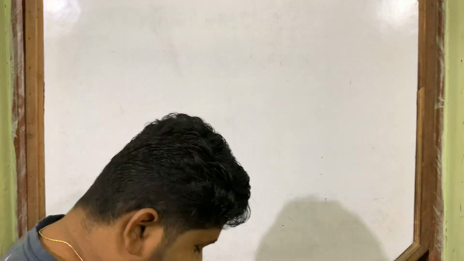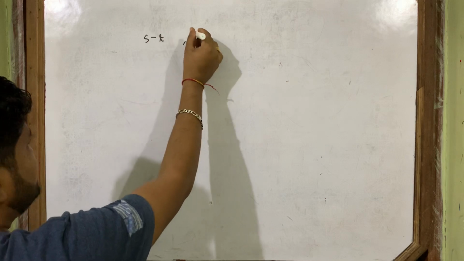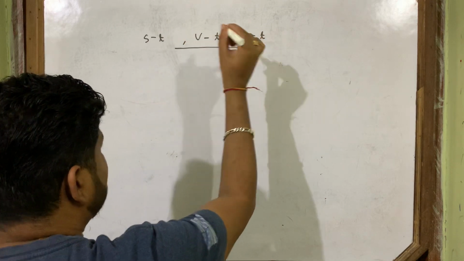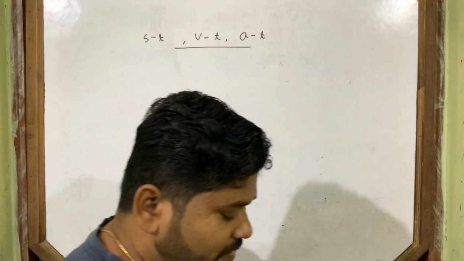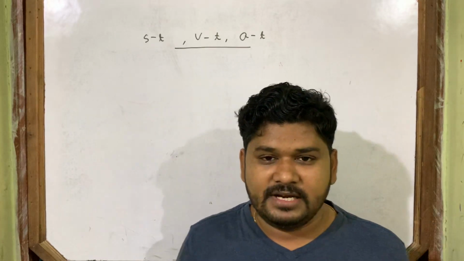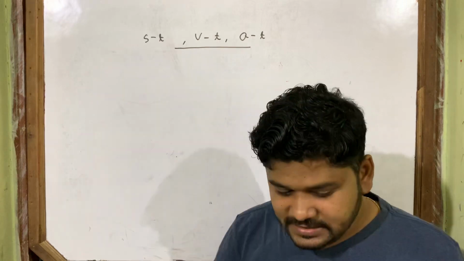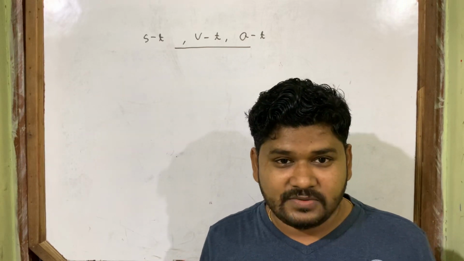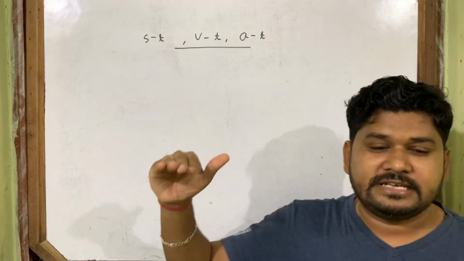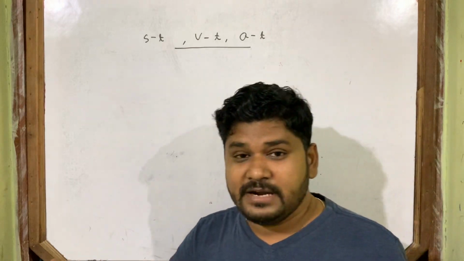Now again draw all the graphs: ST, VT, AT. A body is dropped from a height and strikes the ground. After striking the ground, it returns back to the same height.